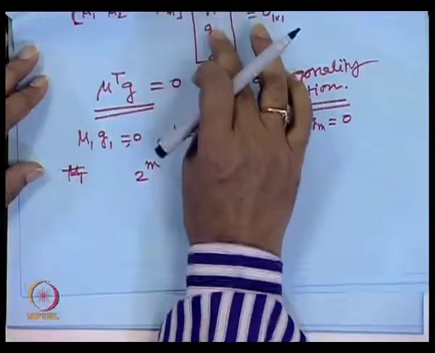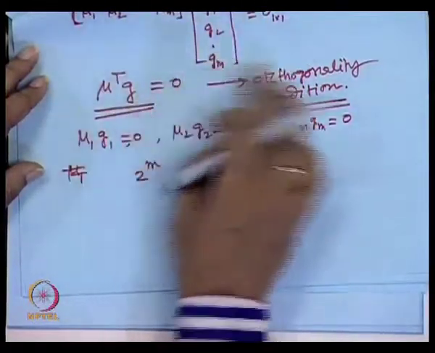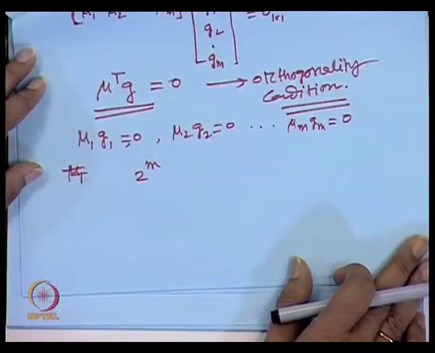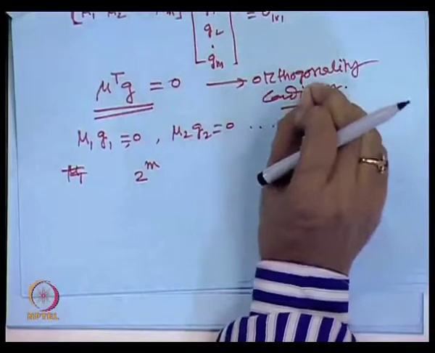If you form them in a row vector form, the orthogonality condition is satisfied. When you get the optimum point of this objective function, if g i is equal to 0, it indicates that the active constraint is satisfied. When the active constraint is satisfied, the corresponding mu i value will be greater than or equal to 0.